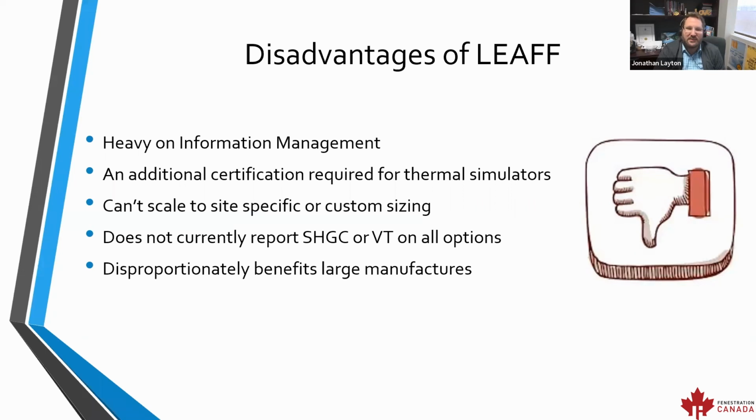Taylor showed the one shot that said 3 mil glass, low E coating on surface 2, reinforcing, no grid. If you miss one of those indicators, you'll have a different value than what you should be reporting. So there's a lot of information management on our side, making sure we create the trend lines correctly and name them correctly to pass on to the client to give them a proper matrix.